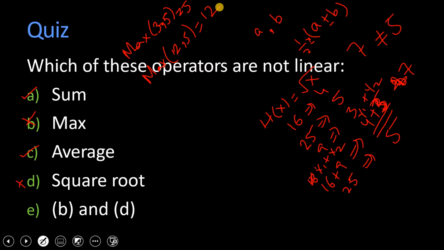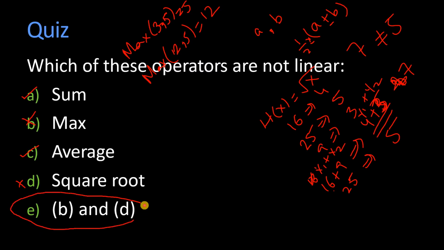So there is no particular formula that you can write for the max function. No mathematical formula for this. So this is the reason. The overall correct answer is that B and D are non-linear. Clear? I hope it's clear, or you can search the internet for these things.